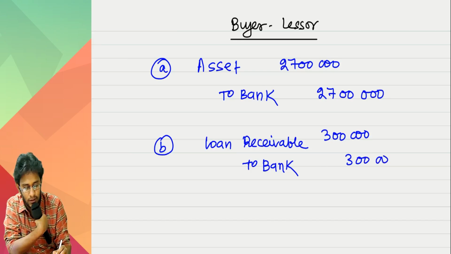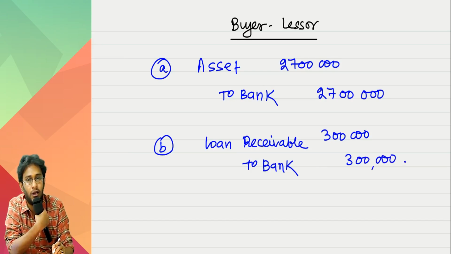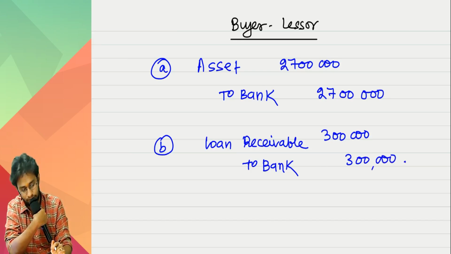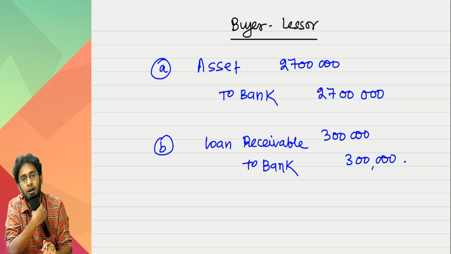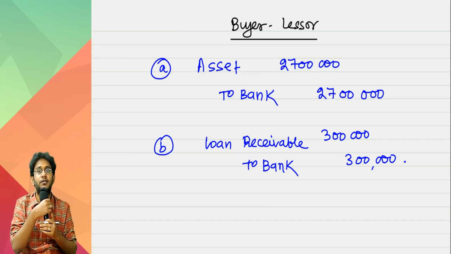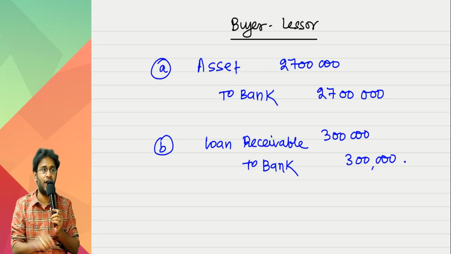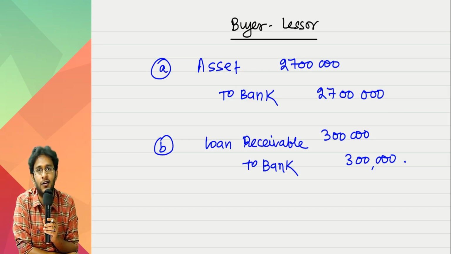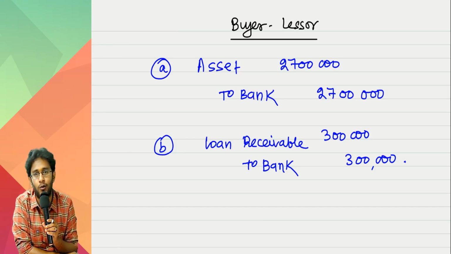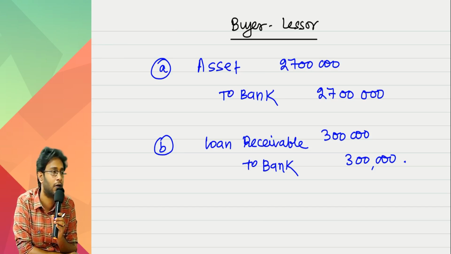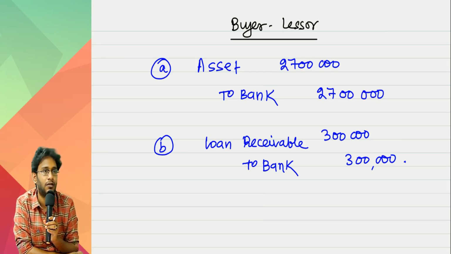Not only this, the asset that he bought, he again leased it. He is saying that the lease is an operating lease. Since that lease is an operating lease, we should not derecognize the asset. That entry, lease receivables to asset, we write only when it is a finance lease. This is an operating lease. That's it, over.